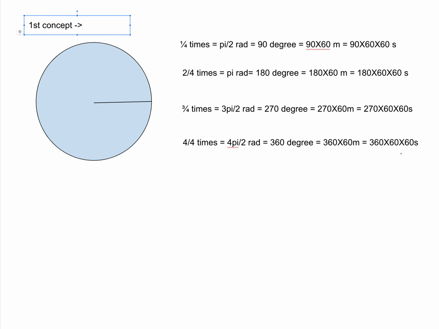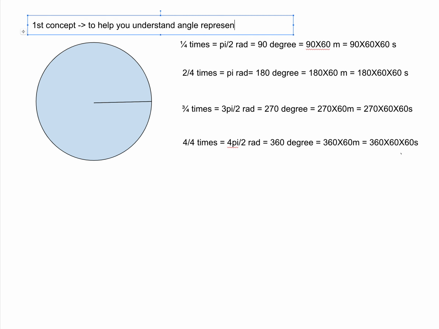This is the way. So the first concept is to help you understand angle representation in terms of radian or degree or minute or second.